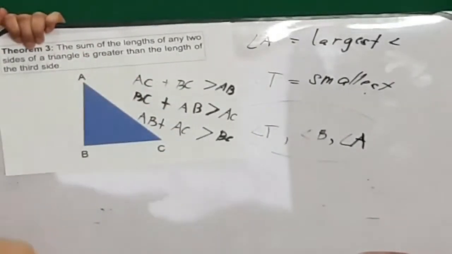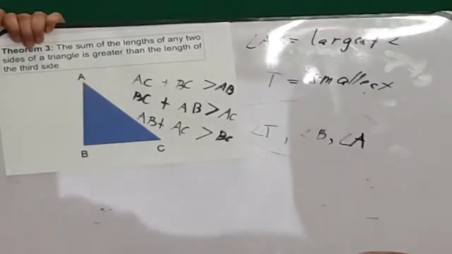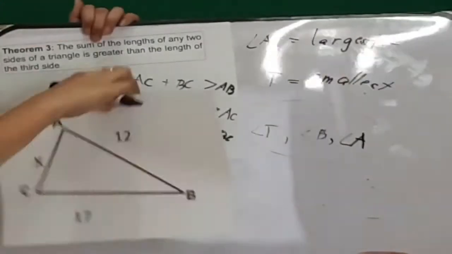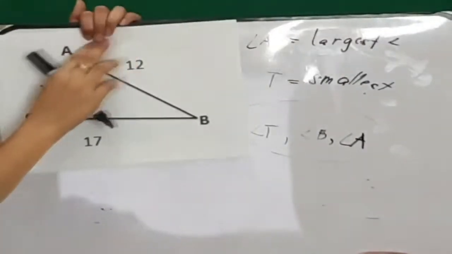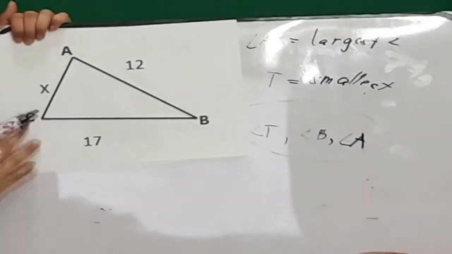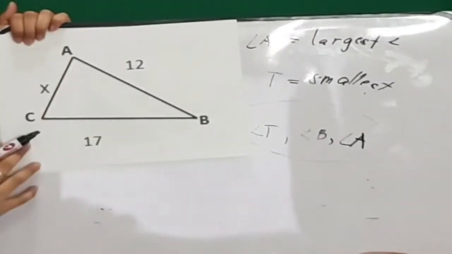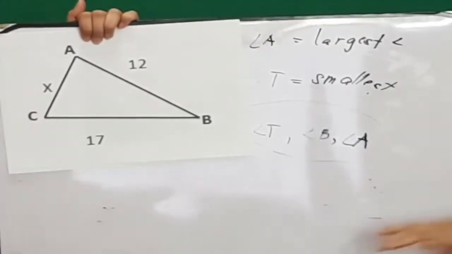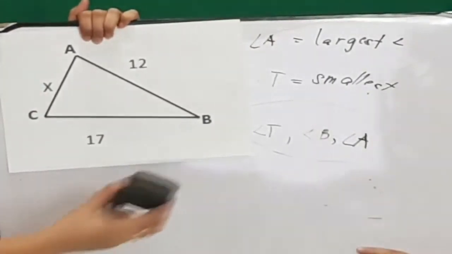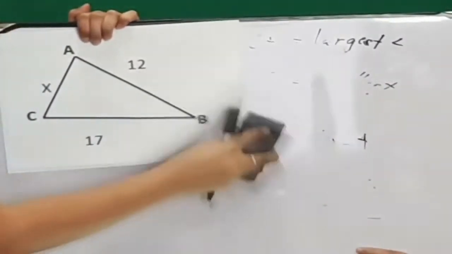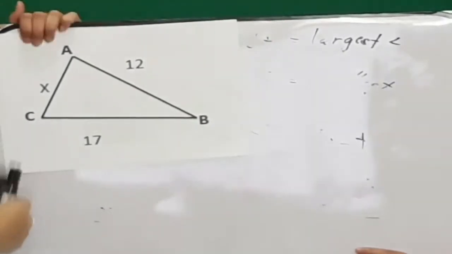Alright? Now, let us have an example applying Theorem 3 of triangle inequality. Now, for example, we are going to find the possible values of x that satisfy Theorem 3, which is all about the triangle inequality theorem. In solving for the possible values of x in this given figure, we have two options.